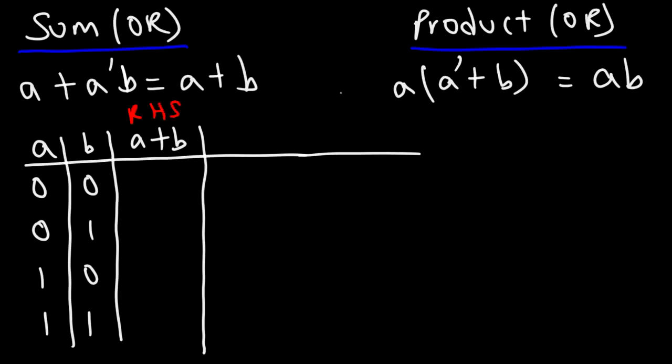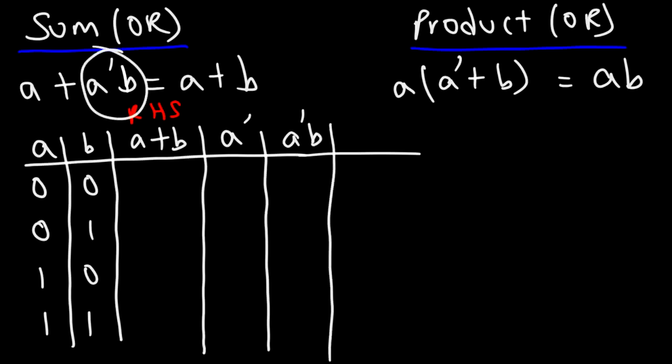Now for the left side, we need the complement of A, which we could see here. And then we have a product term, A prime B. And then we're going to add A to that. So the last one is going to be A plus A prime B, and this is going to be the left-hand side of this equation.